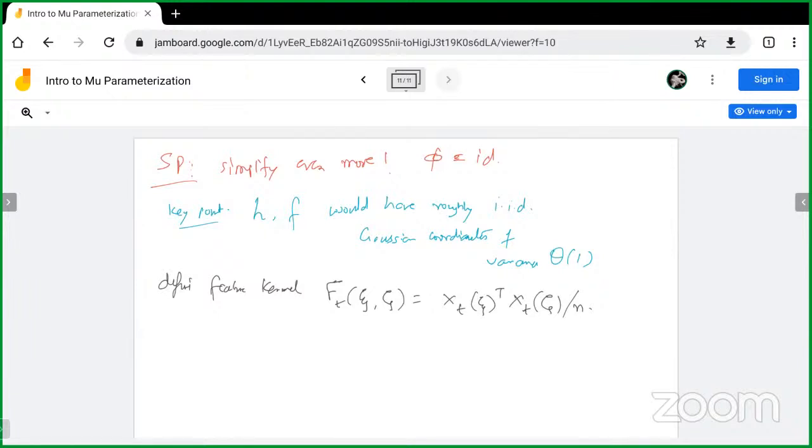And now the punchline is that this feature kernel does not change much in NTK or SP, but it does in mean field.